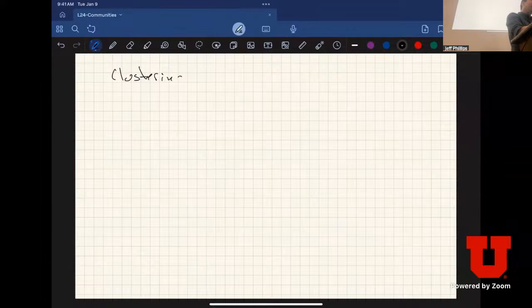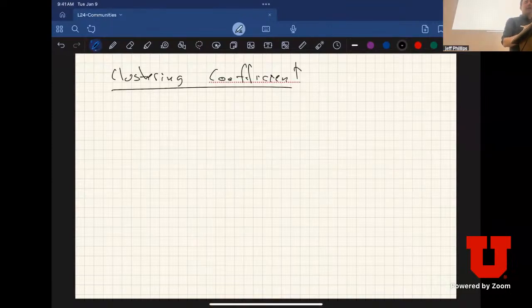I'll mention this because this is something you brought up. The clustering coefficient is basically, you often define this for a vertex.